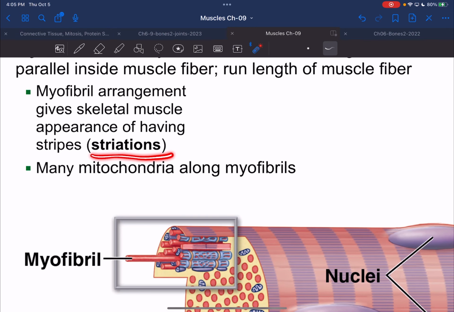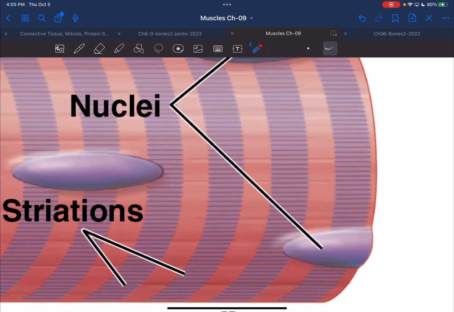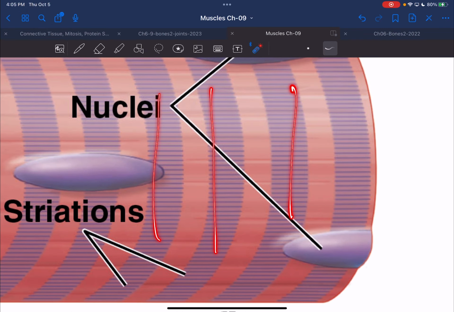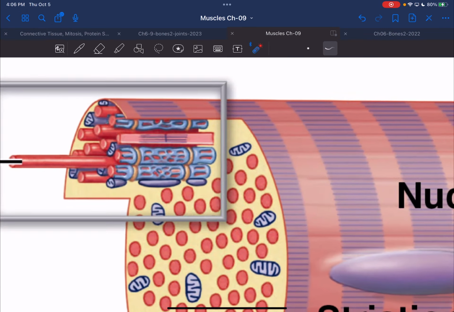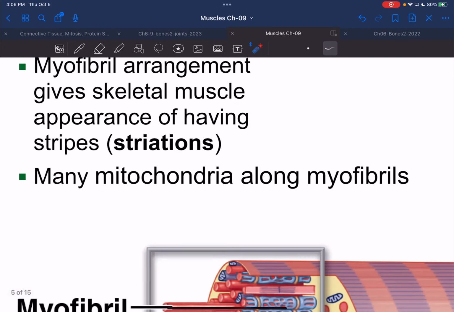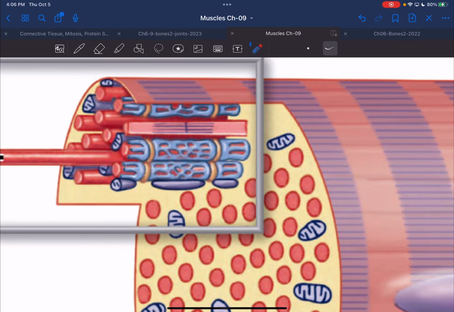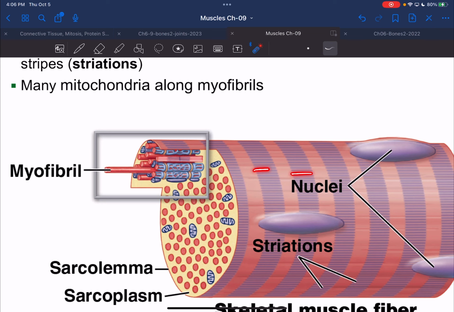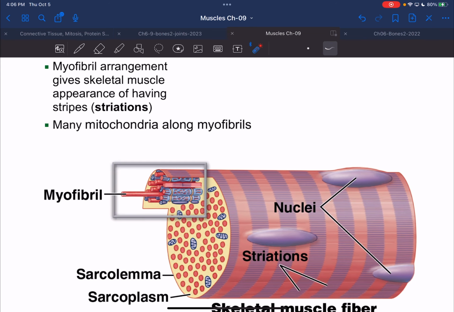Those striations you saw in lab, those pinstripes, are actually a result of the arrangement of these myofibrils. The way they arrange themselves, and they all contain their endoplasmic reticulum right on top of those structures, makes up that unique pattern, those striations in your muscle cells.